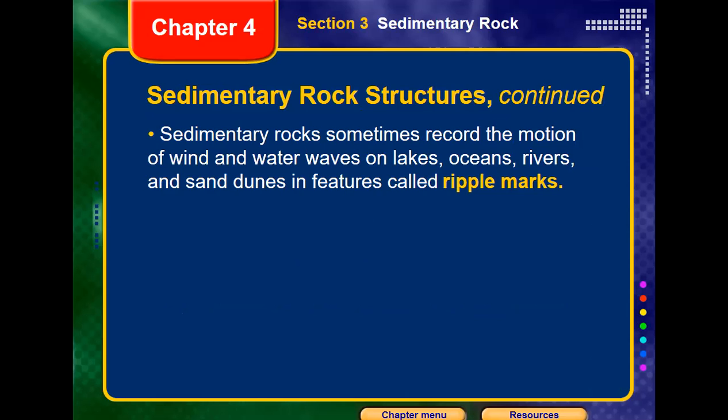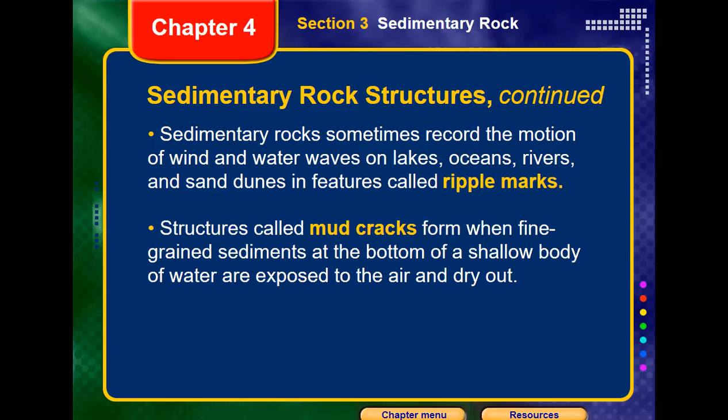This feature or these marks, we call ripple marks. Sometimes if you are walking on a windy day and looking at a sandy place, you will find that the sand has certain marks on it. We call these ripple marks, which represent how strong and what the direction of the wind is.